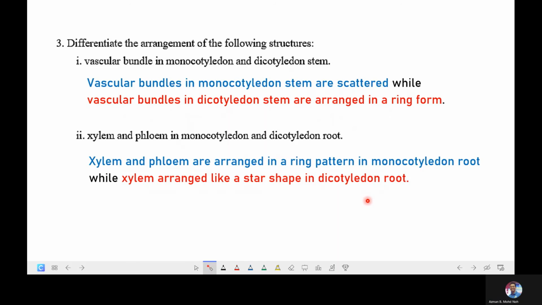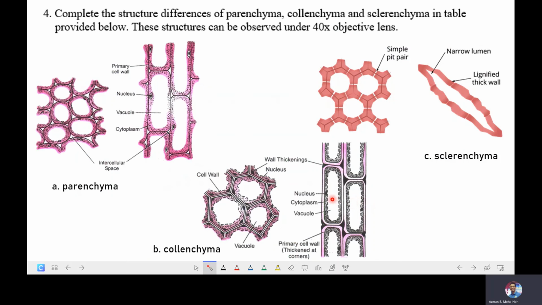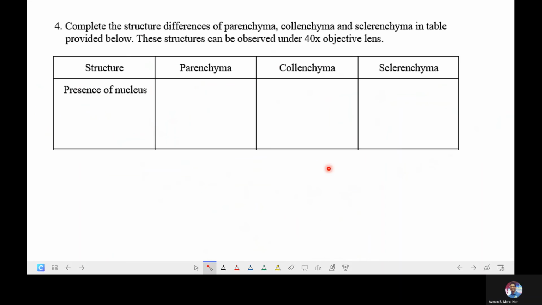Okay. Now let's move on to question number 4, in which we need to differentiate between the parenchyma tissue, the collenchyma tissue, and also the sclerenchyma tissue. The first part will be about the presence of nucleus.